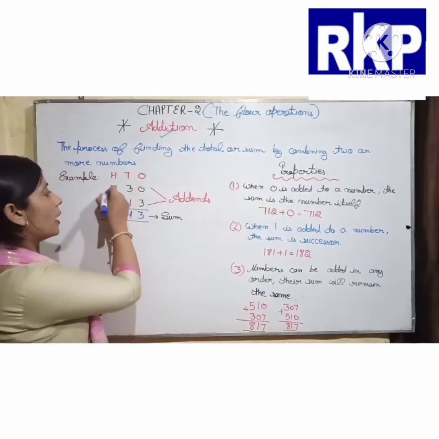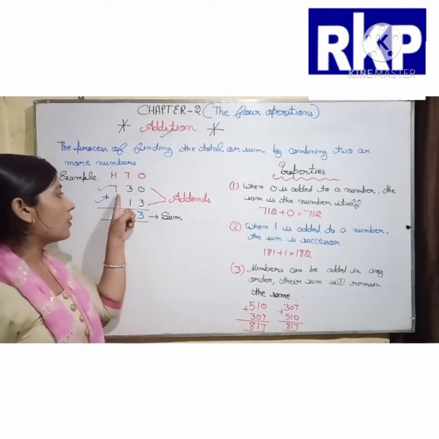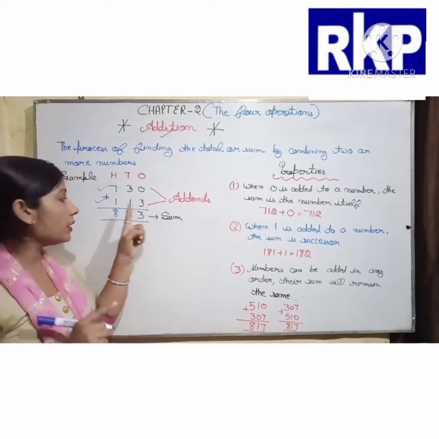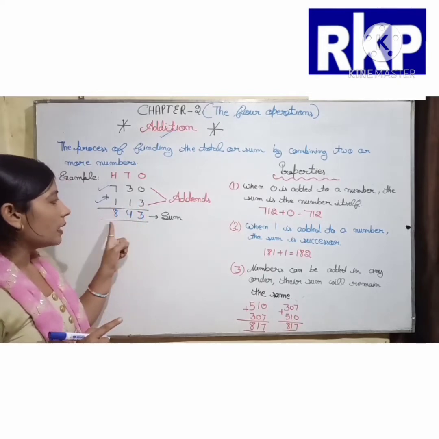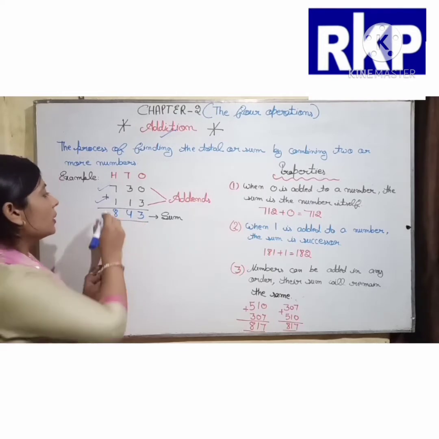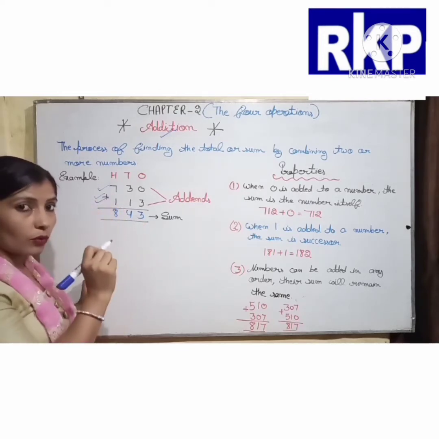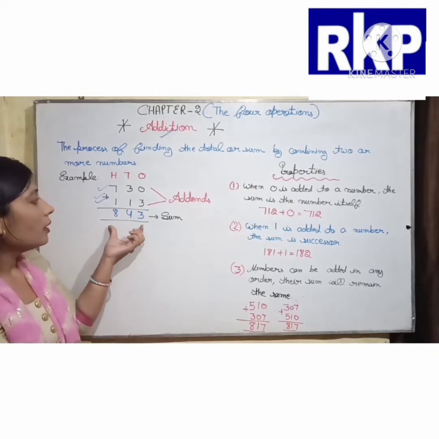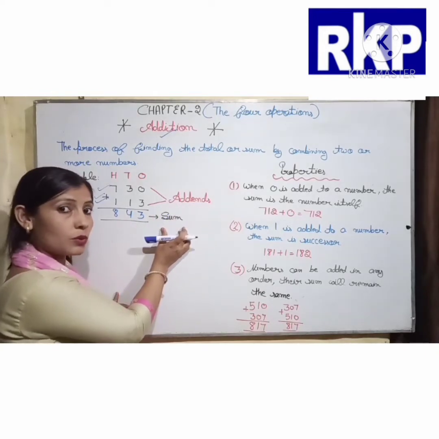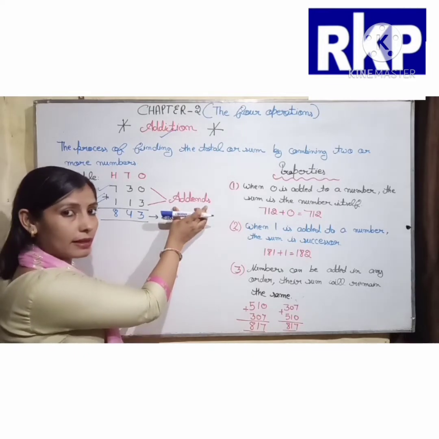Here we have two numbers, 730 and 113, and when we add we get 843. Beta, this is the symbol of addition. Now here I have written addends and here sum. So what is the meaning of addends?